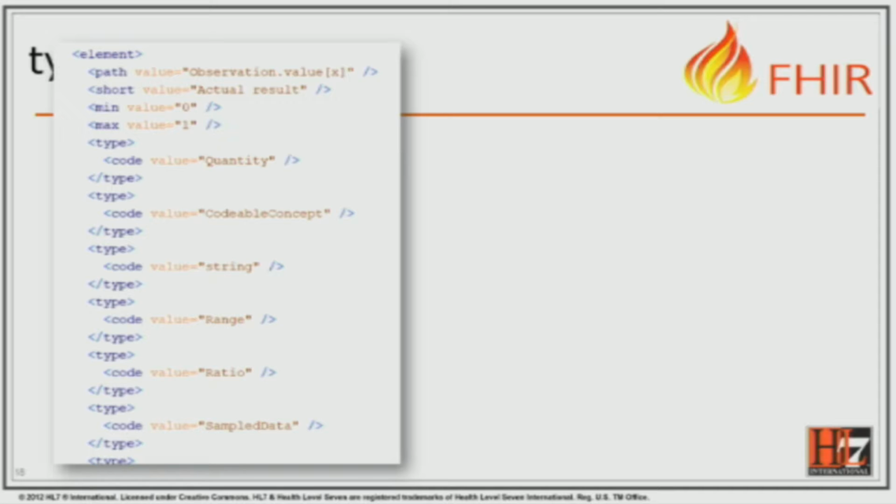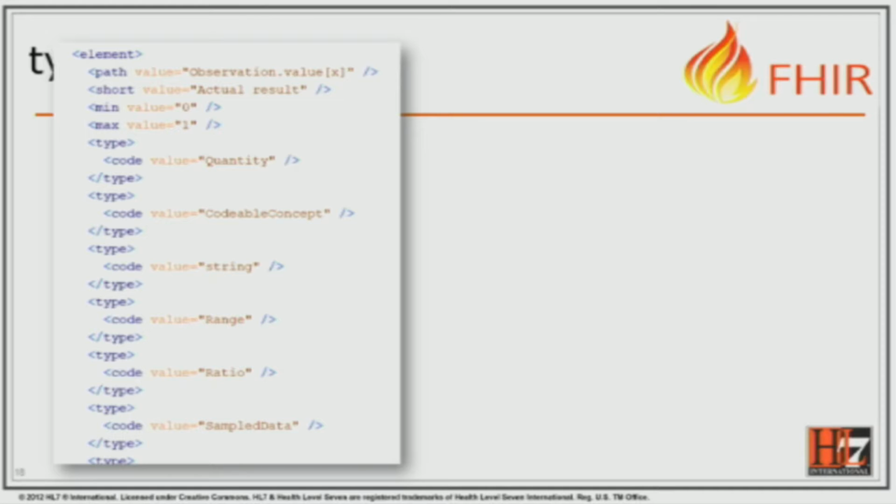Within element definition, so this is observation.value[x], that stuff is stored in the type element. In the base definition of observation.value, it just lists all the allowed types, Quantity, CodeableConcept, string, Range, and so on, one-on-one, just as you saw in the definition. Now, if you're saying, well, hold on, but my observation is just about quantities, in your structure definition that you're basing on observation, you could leave out all these ones and just keep Quantity.